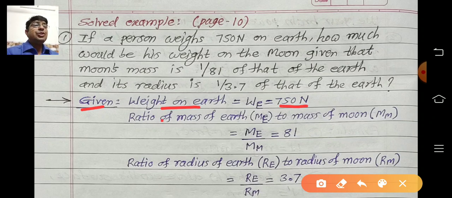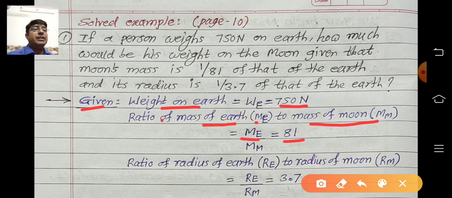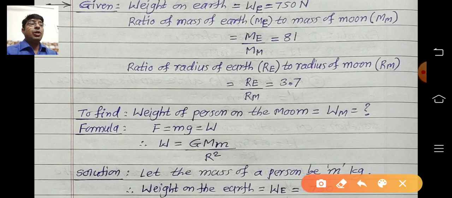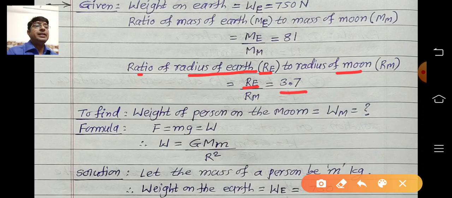Then the ratio of mass of earth, ME, to mass of the moon, Mm: ME upon Mm equal to 81. In the same way, one more ratio is given, the ratio of radius of earth RE to radius of moon RM: RE upon RM equal to 3.7.